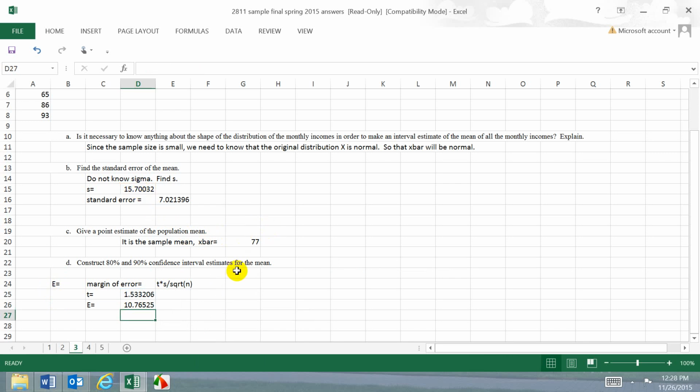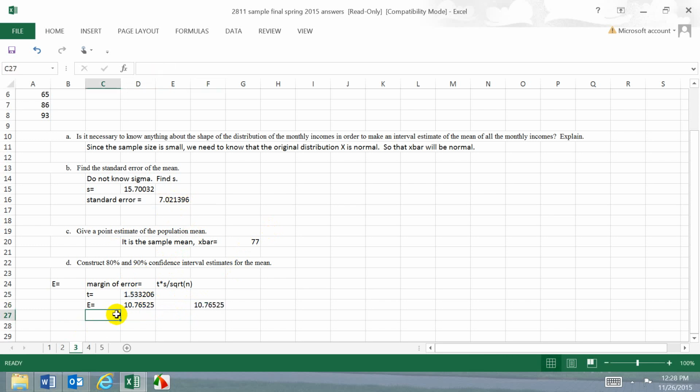All right, there's the margin of error. And again, we could have gotten the margin of error directly from the standard error by just saying that it's T times the standard error, because it's the same calculation, obviously. We got that same value.